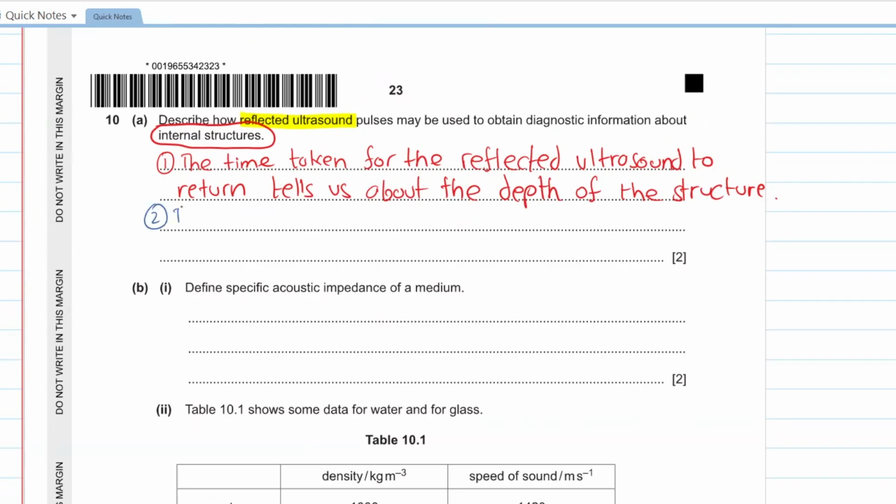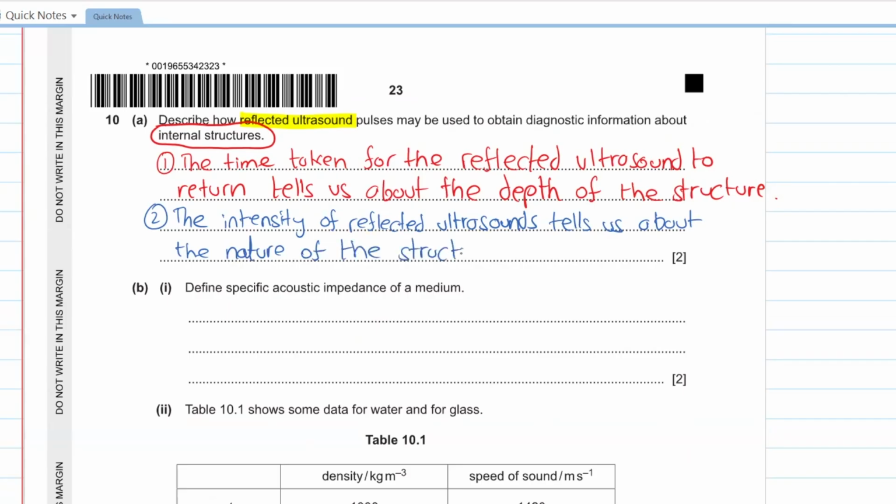Secondly, the intensity of reflected ultrasounds tells us about the nature of the boundary. Nature of the structure, nature of the boundary, either way works.